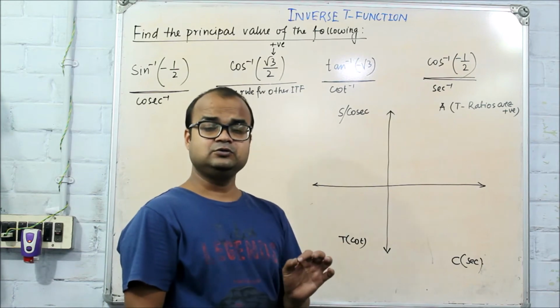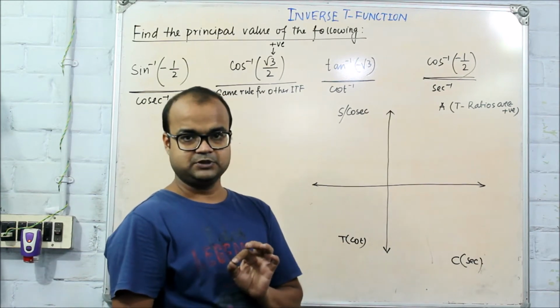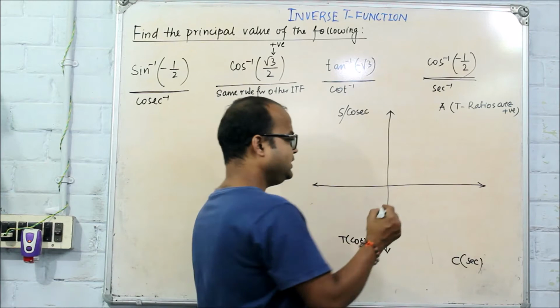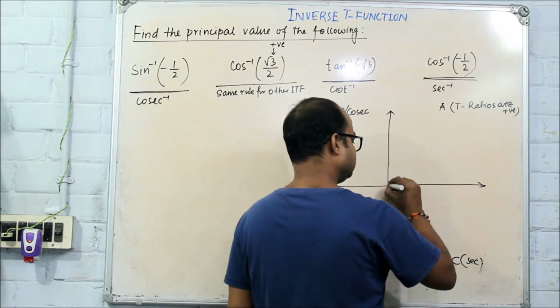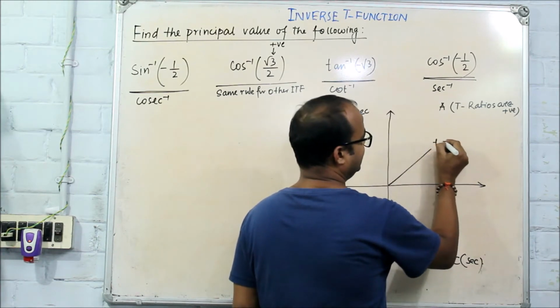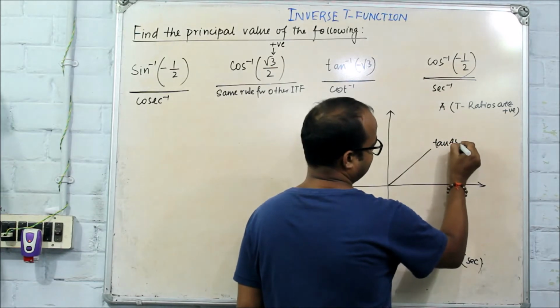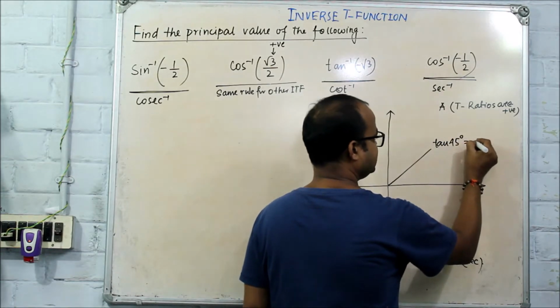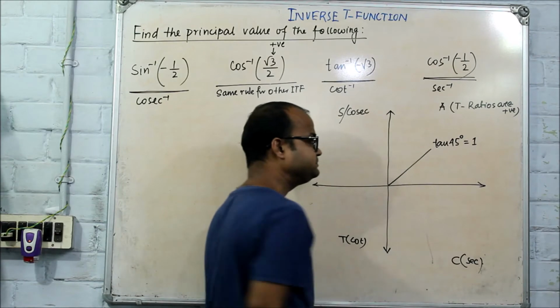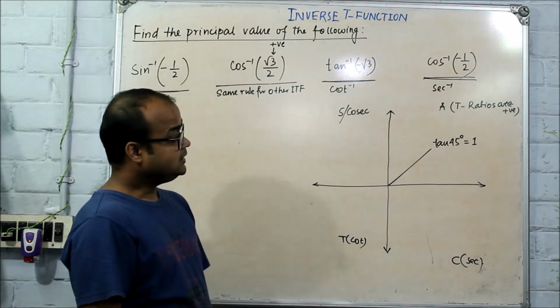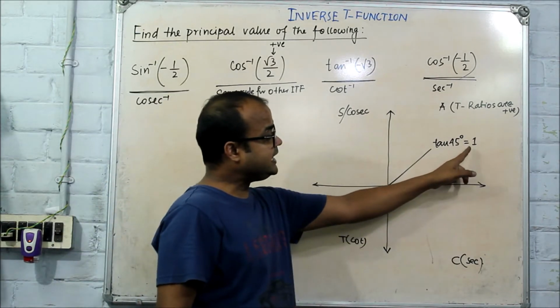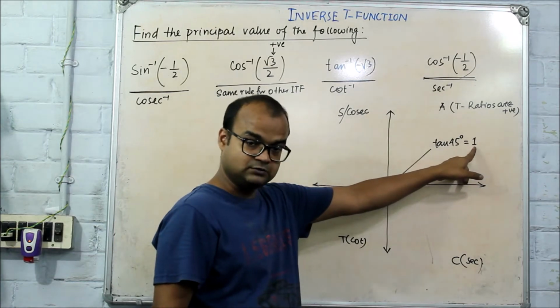Let me explain by taking one example. For example, tan of 45 degree is equal to 1. You know this one.